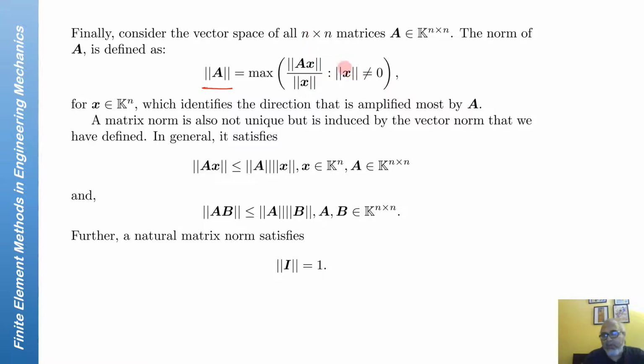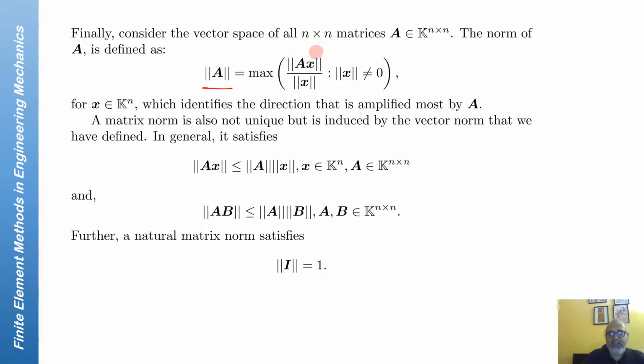Remember, we have already defined a vector norm. The norm of x is 0 only if all components of x are 0, otherwise not. So in general the norm of x will not be 0, and the maximum of this ratio is the norm of A.